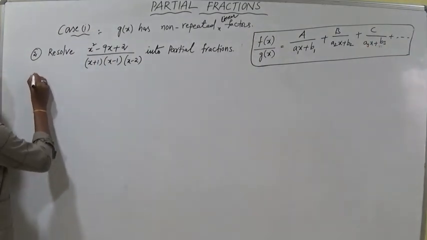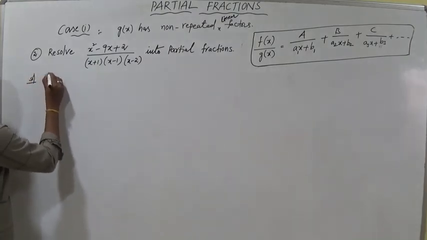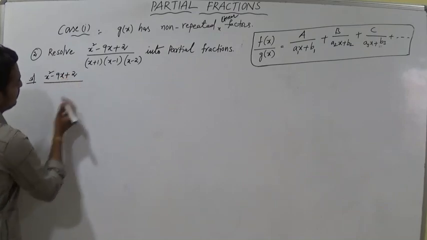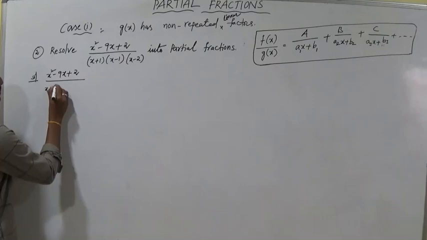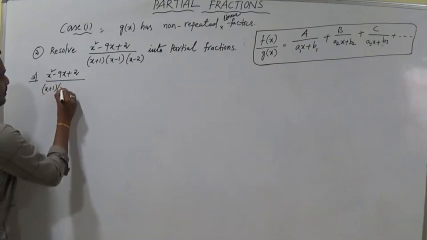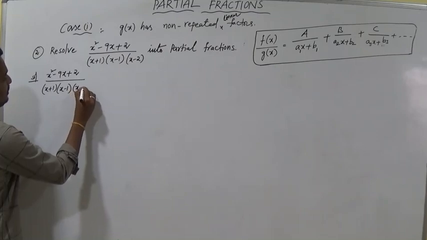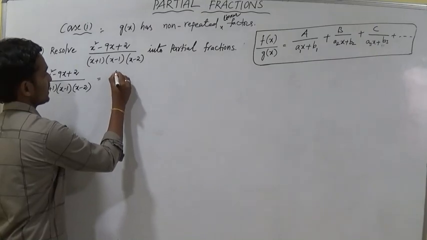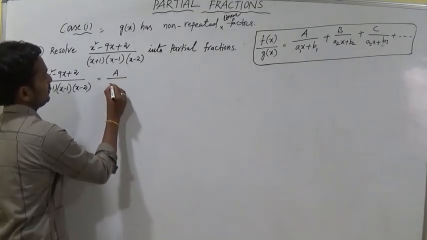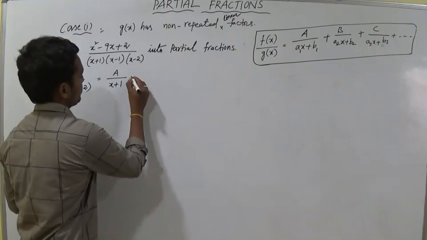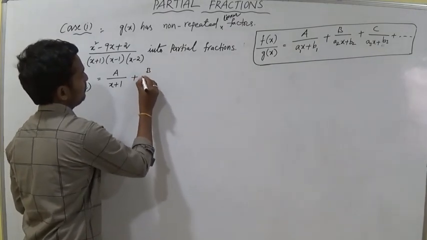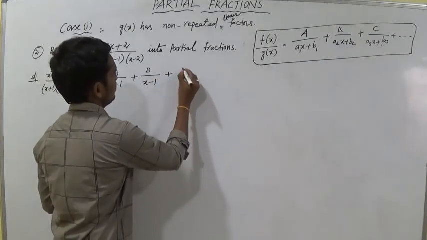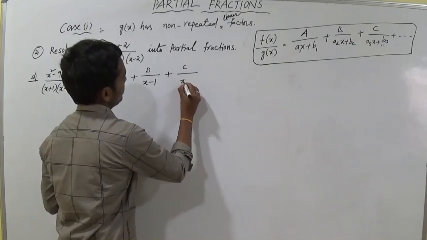So, observe this. The problem is x square minus 9x plus 2 by x plus 1 into x minus 1 into x minus 2, which is equal to, for example, a by the first factor x plus 1, plus b by x minus 1, plus c by x minus 2.